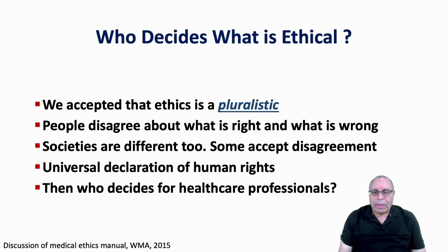So pluralistic means it is okay if people do not agree on one thing, and it's not unusual to see people disagree on what's right and what's wrong. In certain situations, there are certain principles that are very difficult to disagree on. So some societies have accepted that this disagreement is proper and normal, and they tolerated each other and lived together.